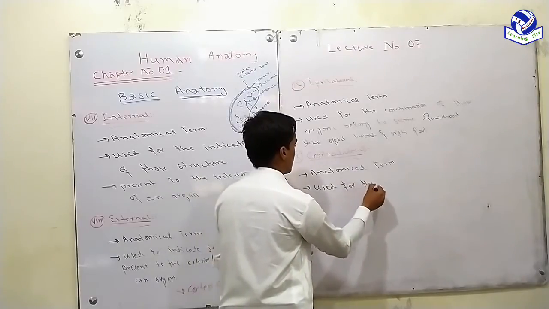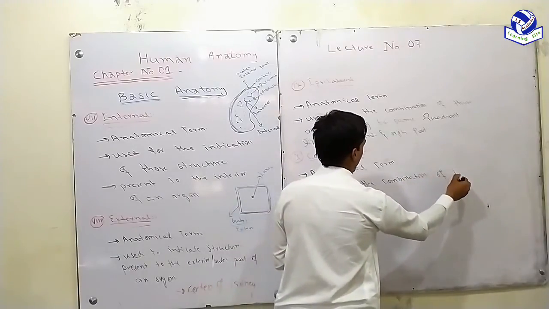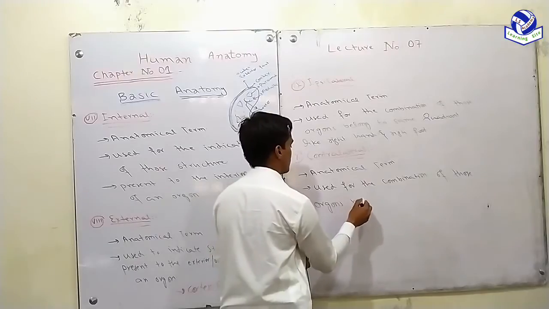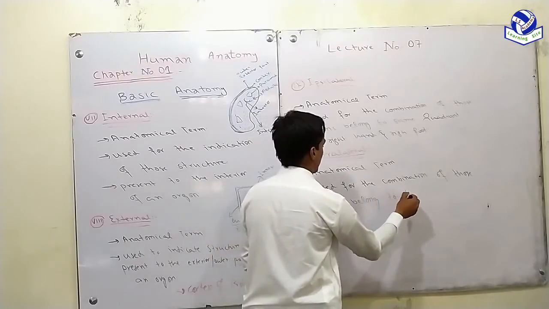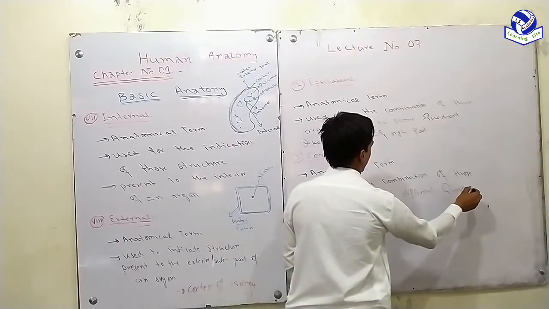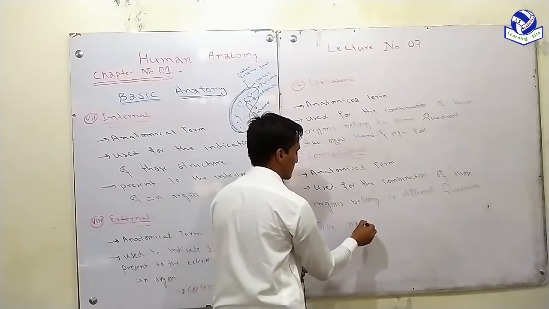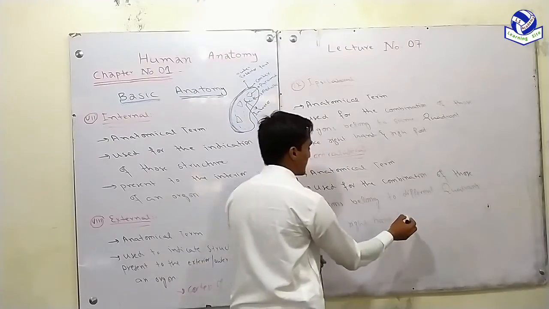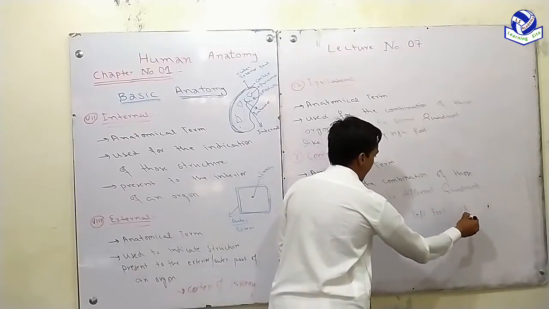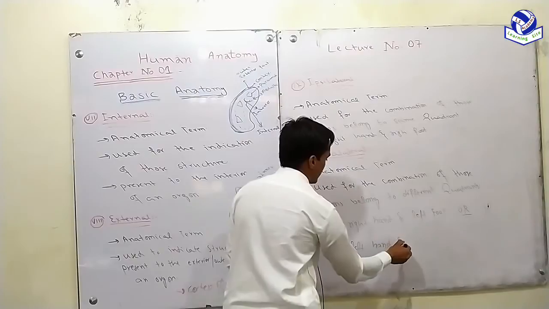Contralateral is used for the combination of those organs belonging to different quadrants, like right hand and left foot, left hand and right foot.